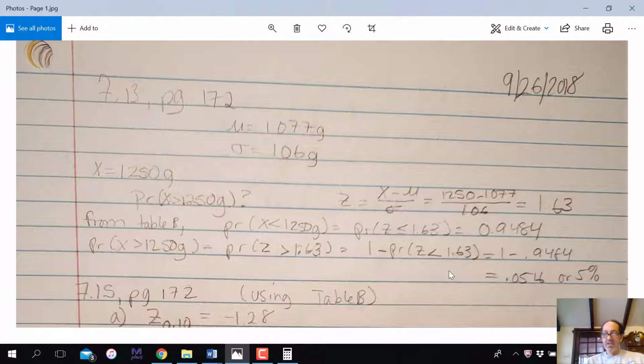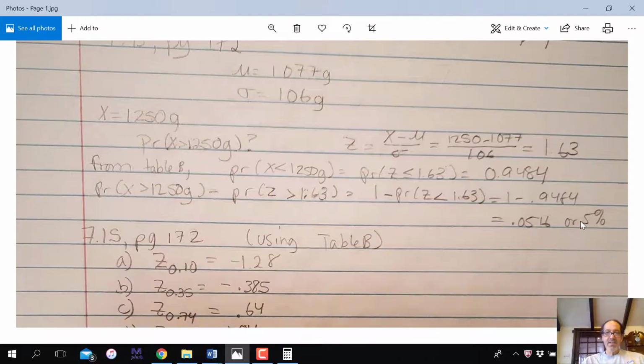To calculate the probability of a brain having a weight above 1250 grams is 1 minus the probability that it has a weight at or below 1250 grams. So it's 1 minus 0.9484, and it looks like that's 0.0516, or there's a 5% chance. Knowing these little properties is going to make a big difference.